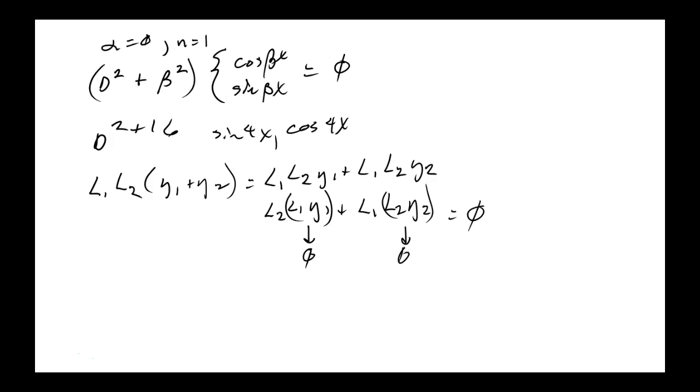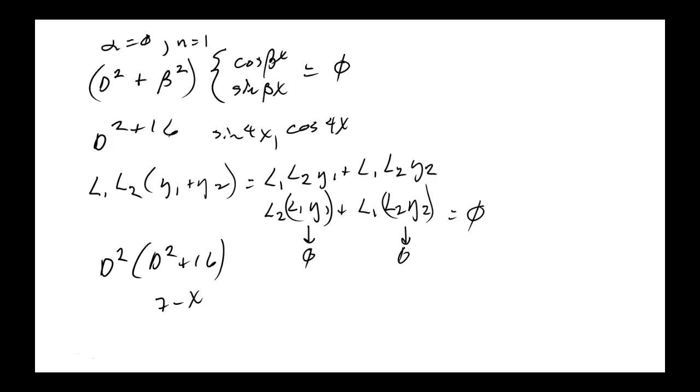We see in 8 above that D squared plus 16 annihilates either sine beta x or cosine beta x, specifically sine 4x. Okay? Therefore, the product of the operators D2 times D2 plus 16 will annihilate anything that contains all that in it. The 7 minus x from the, I didn't write that down.